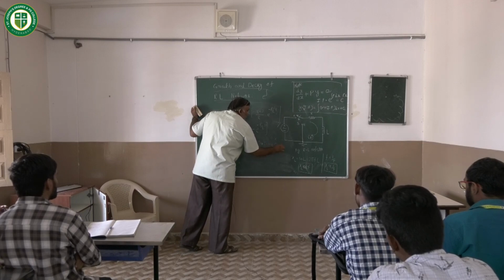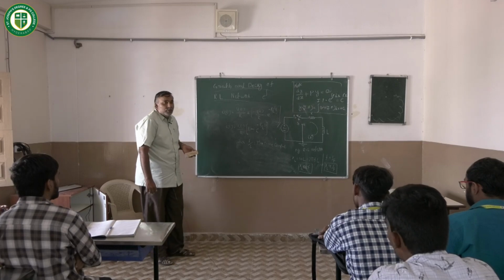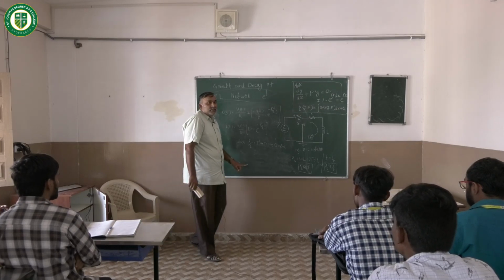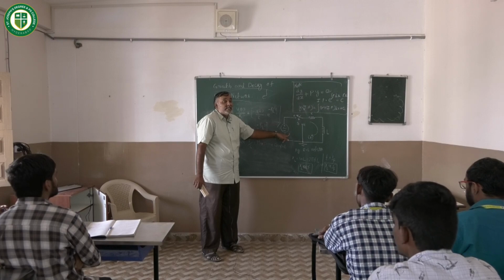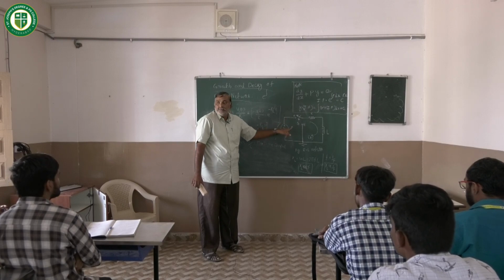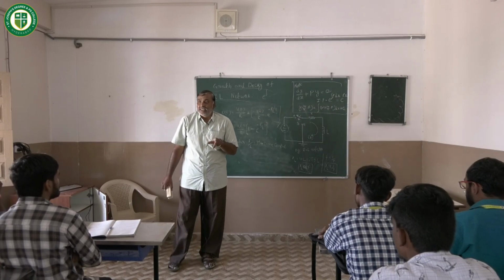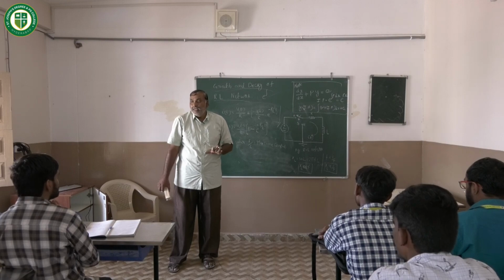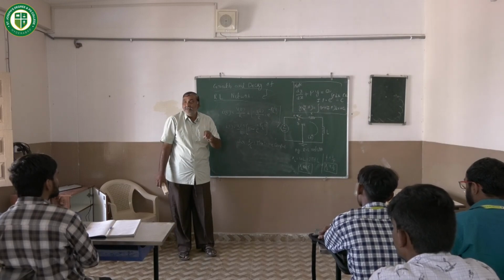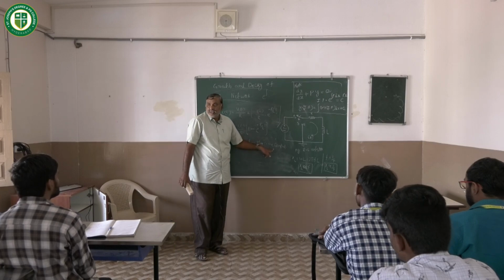What do I mean by time constant? It is the average time taken by the circuit to make its charge reach 0.63 times its maximum value. Whatever time is taken by the system to reach 63% of its maximum value, that time is called a time constant.